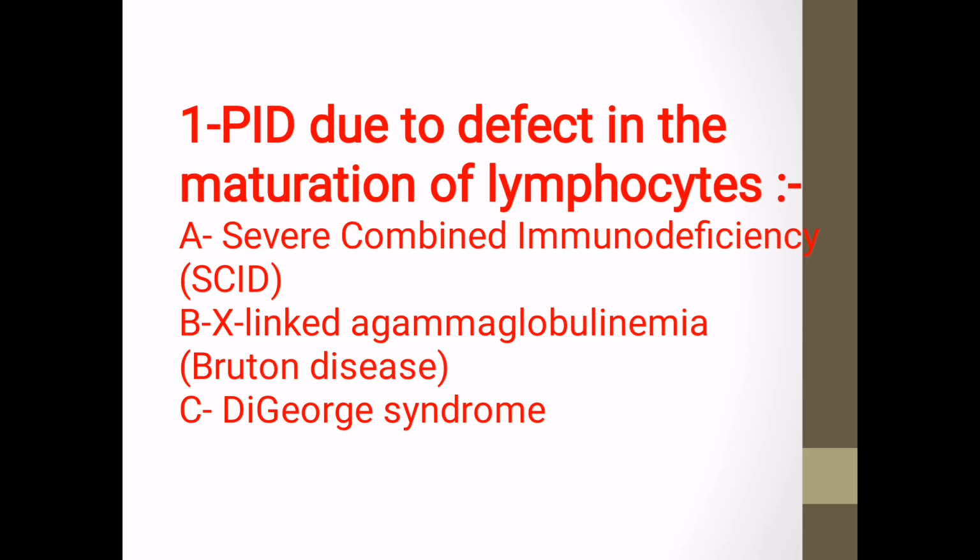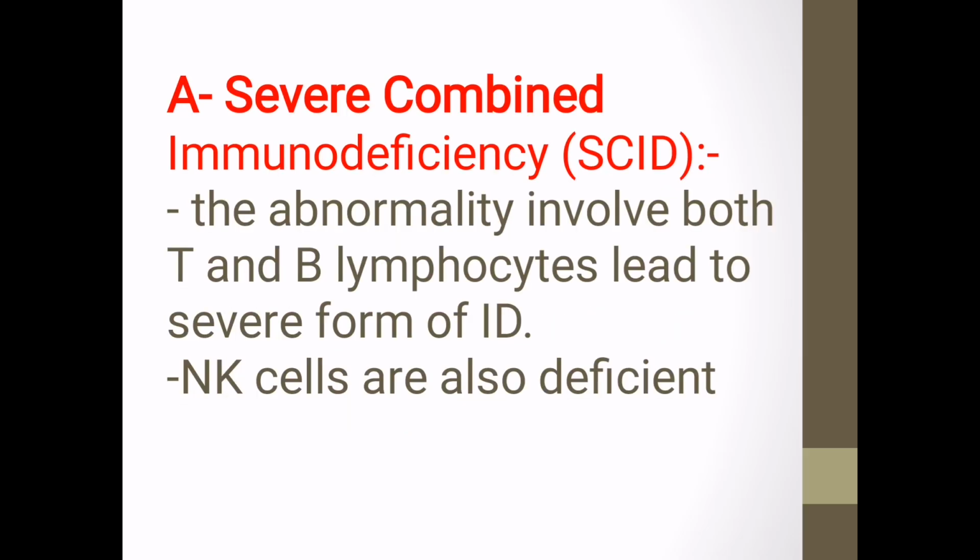So primary immunodeficiency due to defect in lymphocyte maturation, no mature lymphocyte, 3 categories or 3 diseases. Okay, the first one is severe combined immunodeficiency, and the second one is X-linked agammaglobulinemia, and the third one is DiGeorge syndrome. We will go through them one by one.